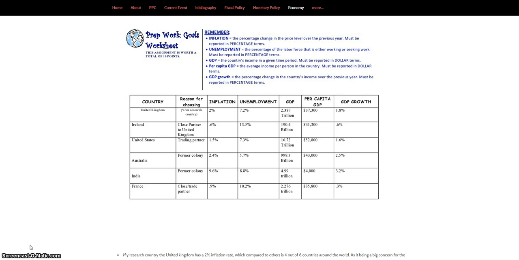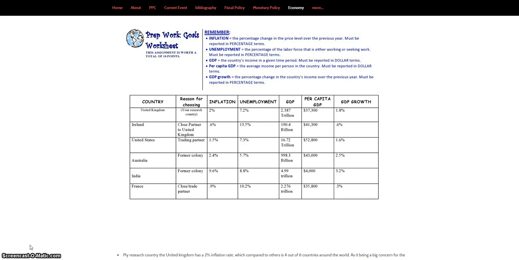As you can see, the United Kingdom is doing very well in almost every category. Their inflation's low, their unemployment's low. They have a good GDP, 2.4 trillion. Even though it's nowhere close to the United States, you've got to realize that's one of the top in the world. Their per capita GDP is not that great.